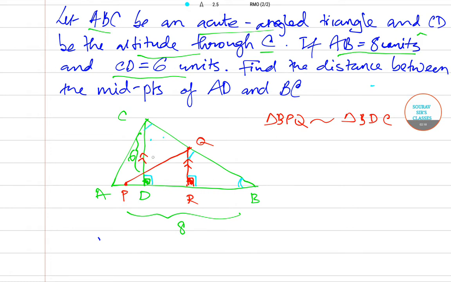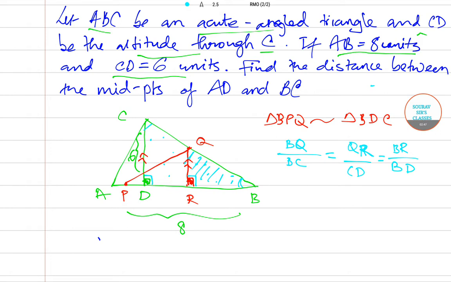So these triangles are similar, so from similarity we get BQ by BC equals QR by CD, which is equal to BR by BD.